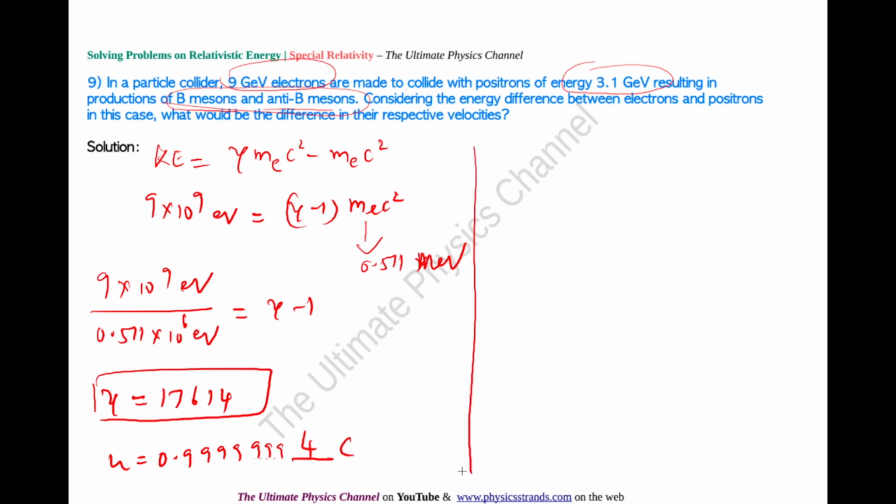This is for the kinetic energy of the electrons. If I do the same thing for the protons, K_e, that is gamma m, not protons here, sorry, it is positrons.